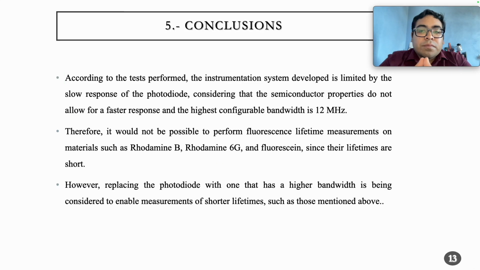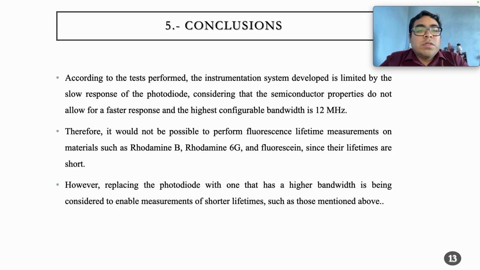In conclusion, according to the tests performed, the instrumentation system developed is limited by the slow response of the photodiode, considering that the semiconductor properties don't allow for a faster response and the highest configuration bandwidth is 12 MHz.